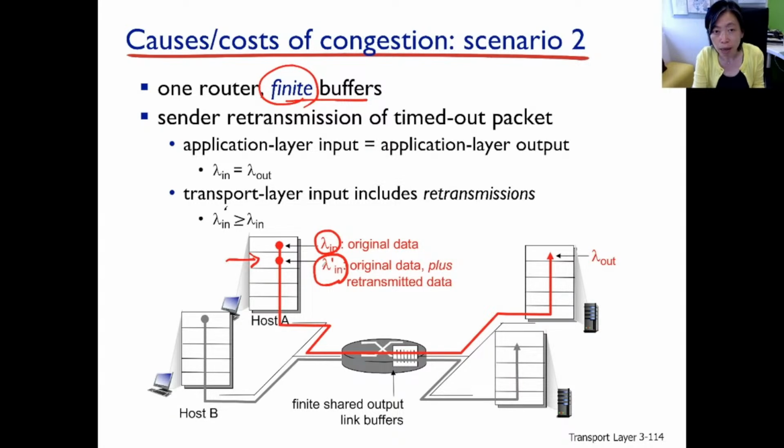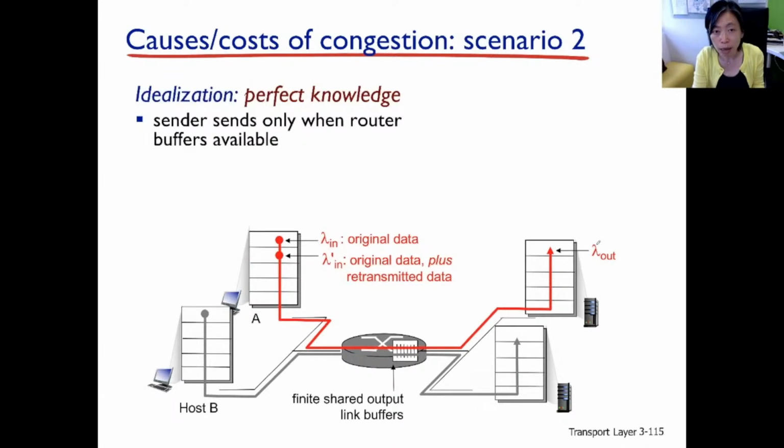Lambda in prime should be greater than or equal to lambda in, because it should definitely contain the amount of data we need to send out, plus potentially retransmissions of some of this data. Lambda in and lambda out, the same thing: at the application layer, lambda in is going to be very much like lambda out. How much we send out, in the end, is what comes out as lambda out. And that was just to describe scenario 2.